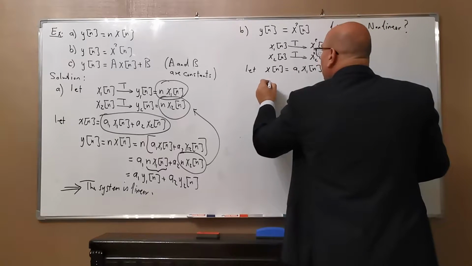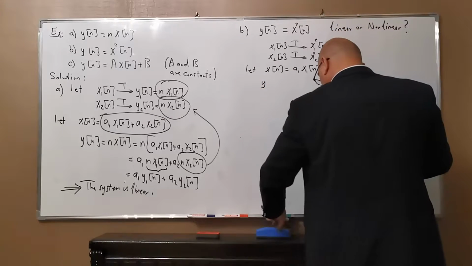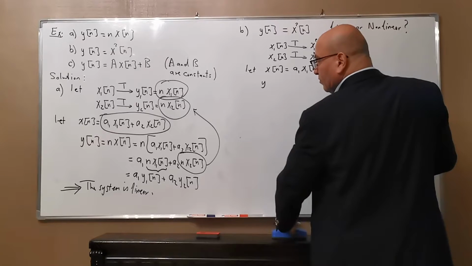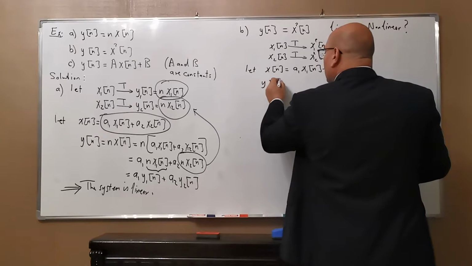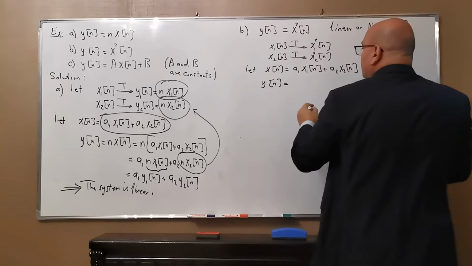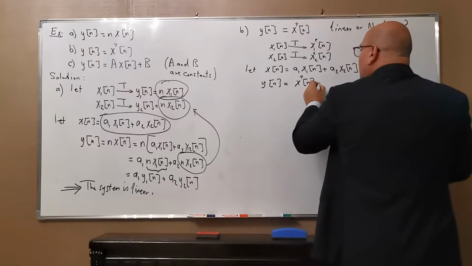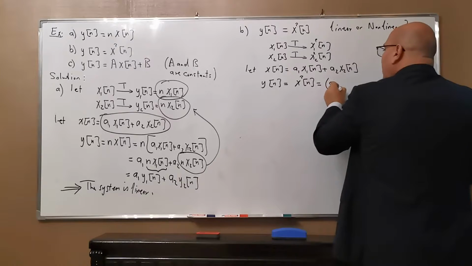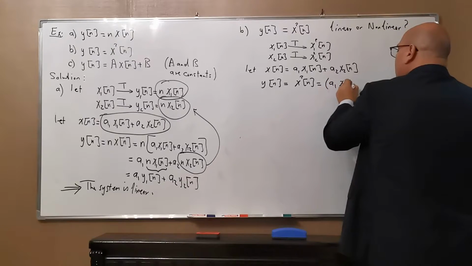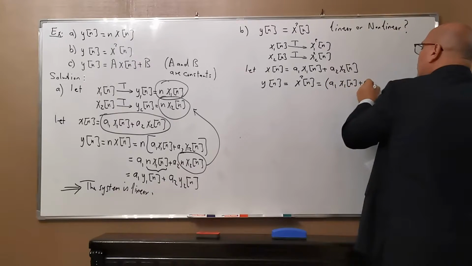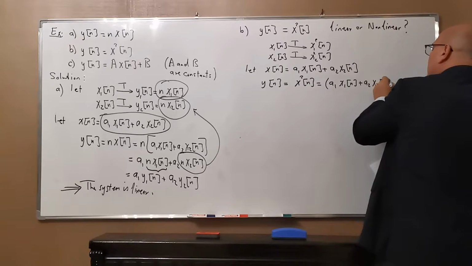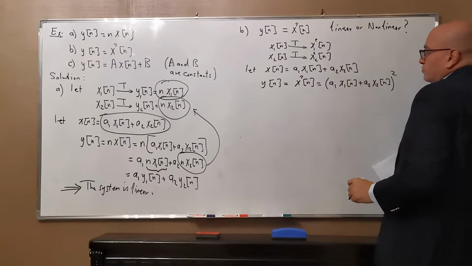So y of n here is equal to x squared of n, which is equal to a1 x1 plus a2 x2, the whole thing squared.